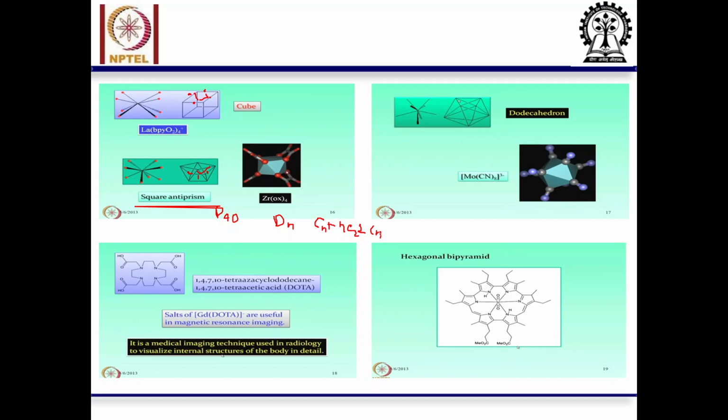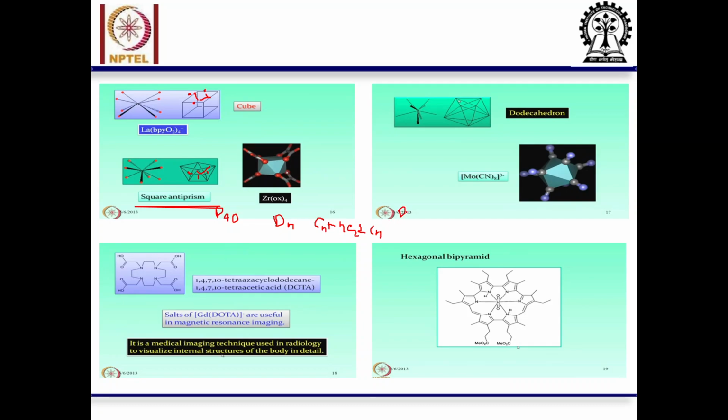Cn axis is the axis about which if we rotate by 360 by n, like by 360 by 4, which means 90 degrees, the complex remains the same. That is called your Cn, and perpendicular to that Cn we have four C2, then it is called Dn, right?